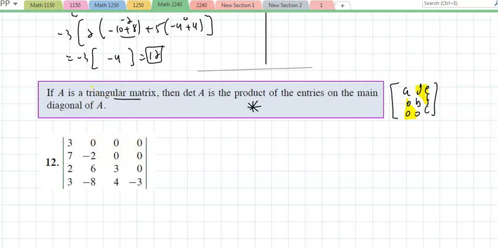So glancing at this, this is a triangular matrix. Do you see that? It says if a matrix is triangular, then the determinant is the product of the entries on the main diagonal. If you want to find the determinant of this, that's simply 3 times -2 times 3 times -3.